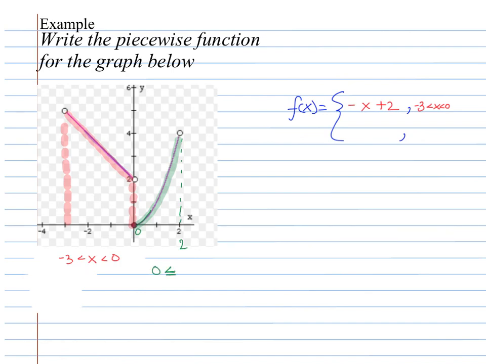This one is equal because it's a filled in circle right there. And it's going to be less than 2, not equal, since there is an open circle right there. So I know now that this restriction is going to be 0 less than or equal to x less than 2. And I know it's a quadratic equation, and it starts at the origin.